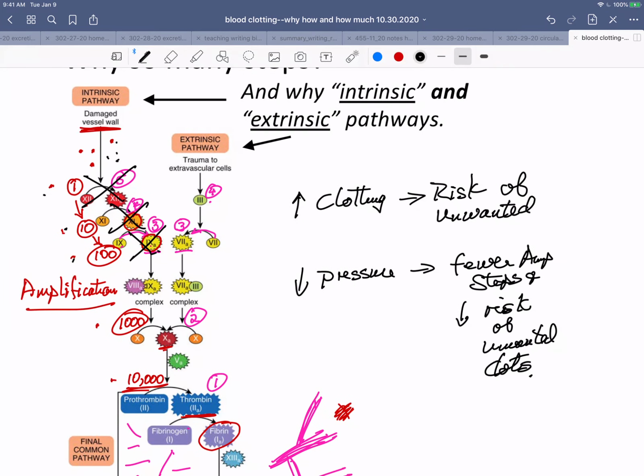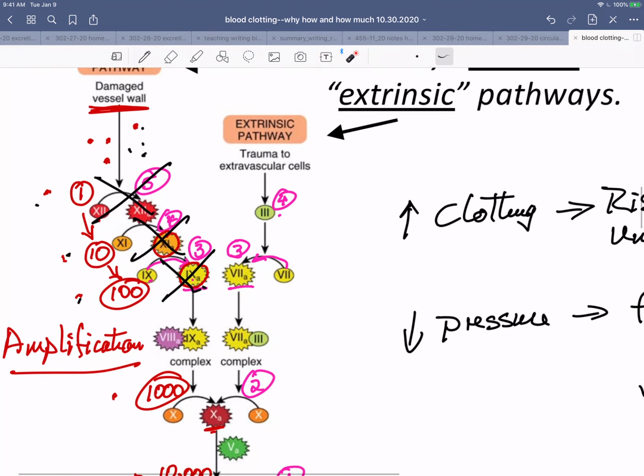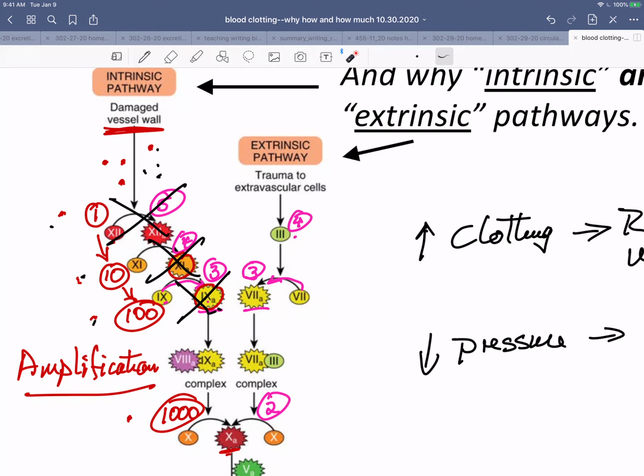Why have both an intrinsic and an extrinsic pathway? And might there be selection pressures that explain why the intrinsic pathway here has more amplification steps than the extrinsic pathway? The intrinsic pathway has 2 amplification steps more than the extrinsic pathway. The answer might lie in the fact that this is a damaged vessel wall.